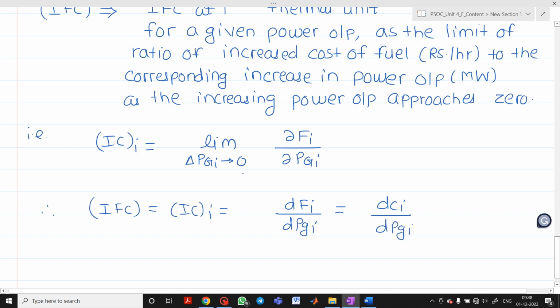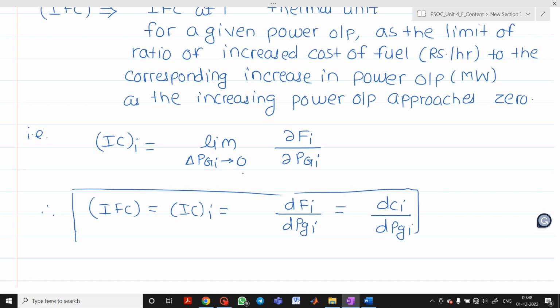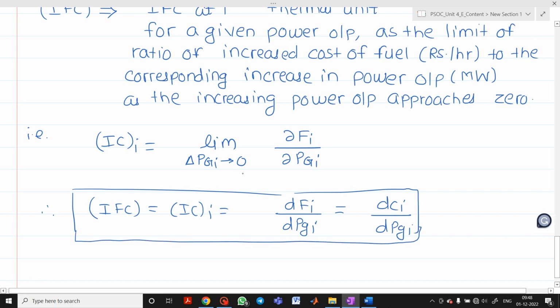So therefore this particular equation is very important because we have to solve a few numericals for economic load dispatch, and for that, if we have a cost equation, C1 or F1, has been given, then to find the incremental fuel cost we just have to take the derivative of this.